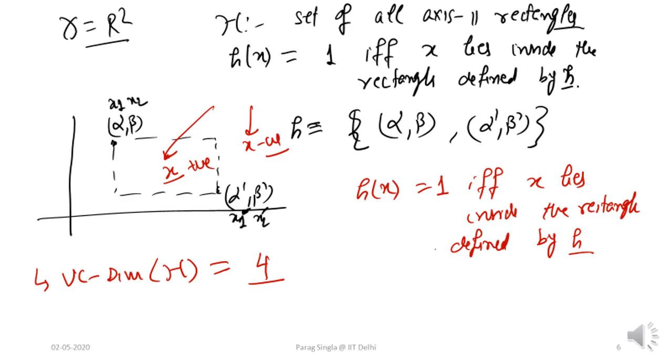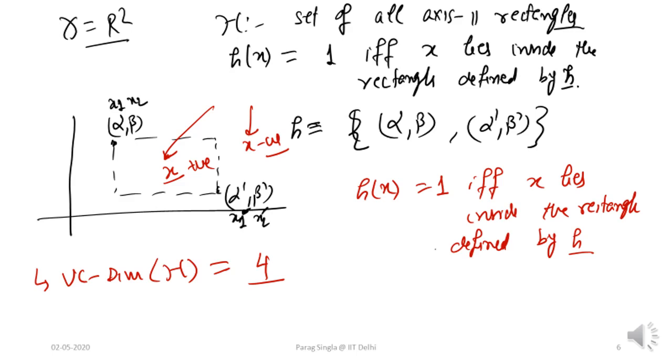So we have two points which determine a hypothesis: alpha beta and alpha prime beta prime. Think of these 2 points as the opposite corners of the rectangle that is defining this particular hypothesis. For example, alpha beta is on one end of the diagonal and alpha prime beta prime is on the other end of the diagonal.